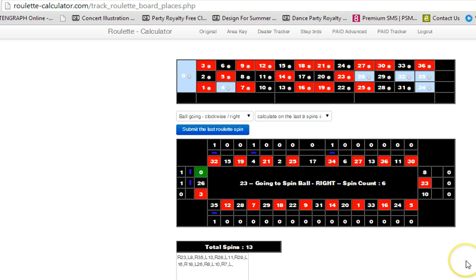Okay, on this, you can see for this example very quickly that there is a small pattern arising here, where the majority of the time the dealer spins it, it goes that distance from the last spin. So it's spinning from 23, and it pretty much goes to the opposite side of the board.